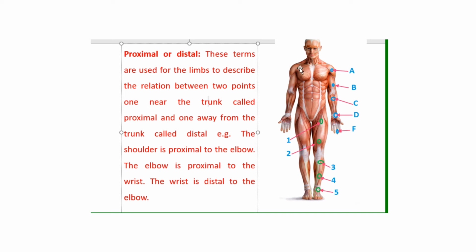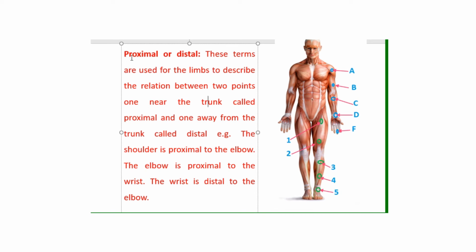This is the attachment of the upper limb to the trunk, or this is the attachment of the lower limb to the trunk. The point which is nearer to the attachment of the limb to the trunk is called proximal, and that which is away from the attachment of the limb to the trunk is called distal.